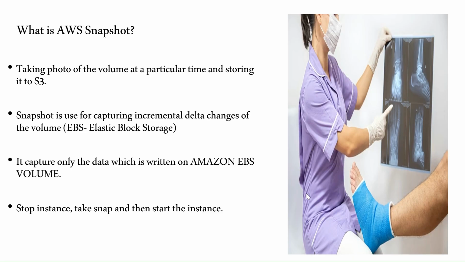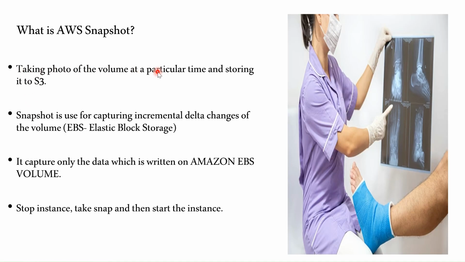If we are running any application in the EC2, it contains the application data. So all the data related to the EC2 gets stored in the EBS. Once we take a snapshot of that volume, we get the complete detail of that EC2 at that point of time.